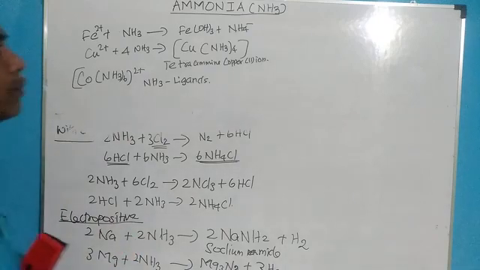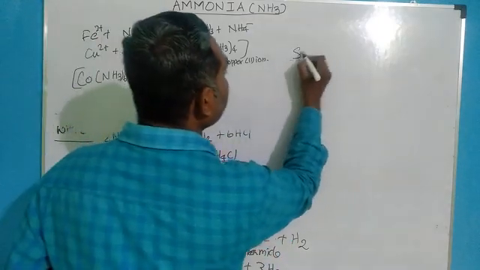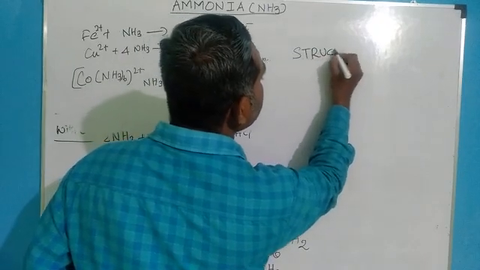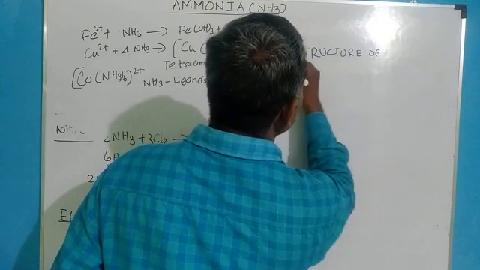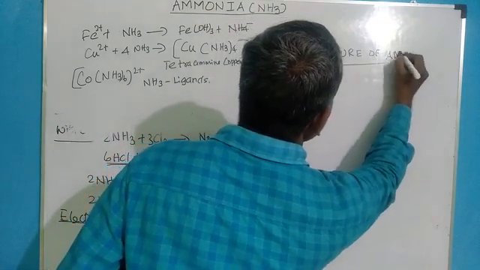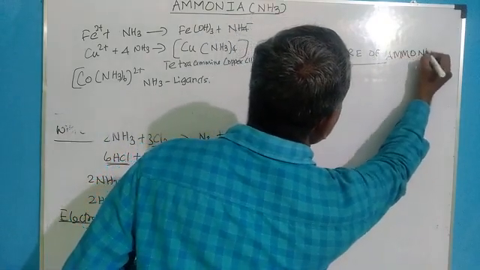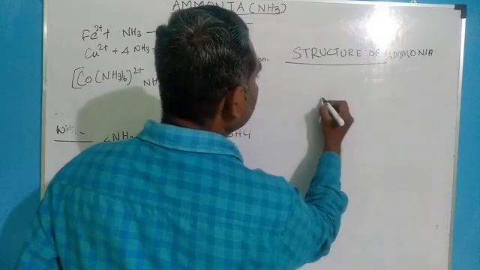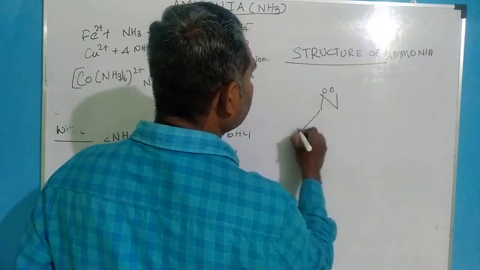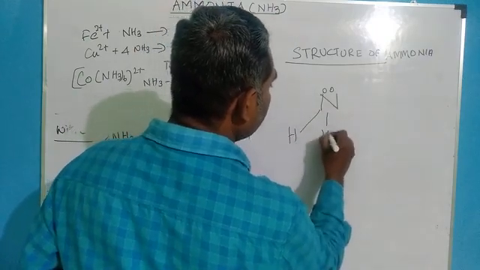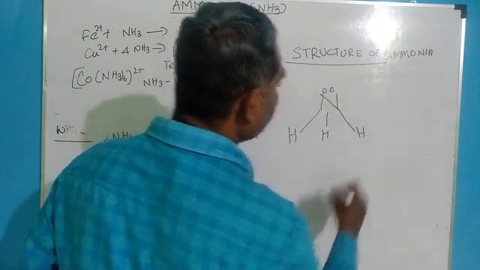Next we will move on to the structure of ammonia. If you look at the structure of ammonia, there is a lone pair of electrons and 3 hydrogens.